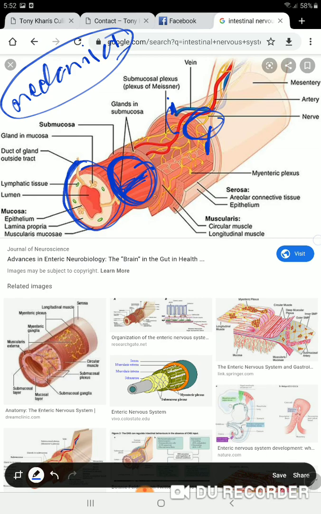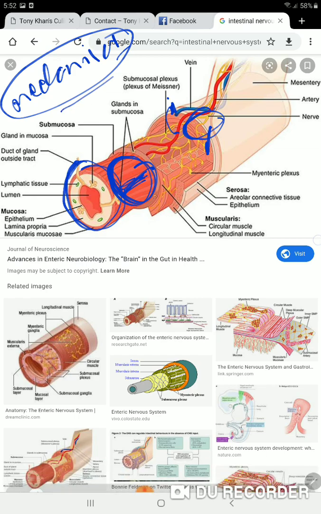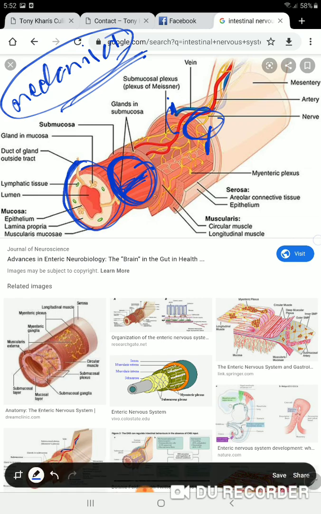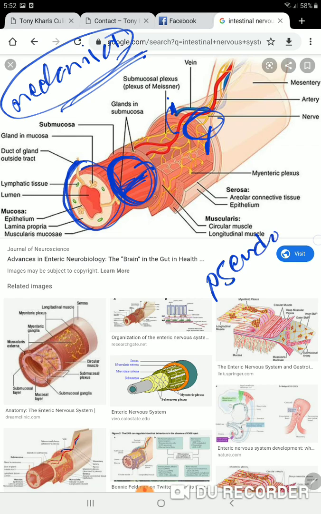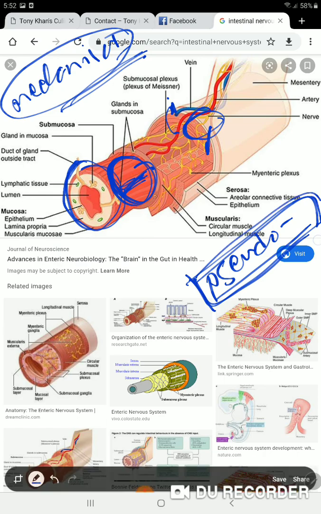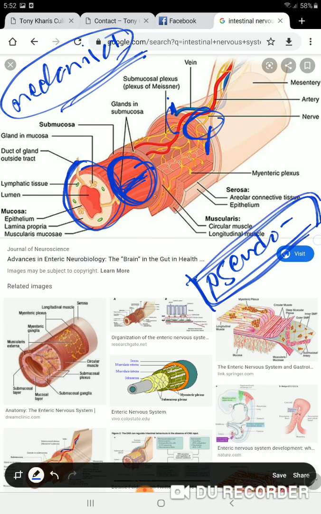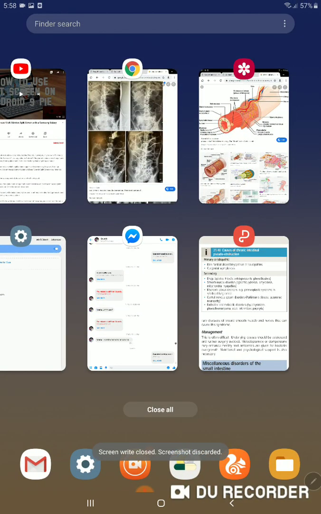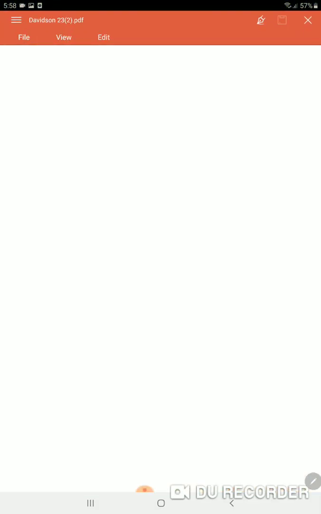And in case of no mechanical involvement, that is, no problem within the lumen, in the muscle or outside the muscle, then we call it pseudo obstruction. There is no structural cause found, then at that time we call it intestinal pseudo obstruction. So let's see what includes intestinal pseudo obstruction.